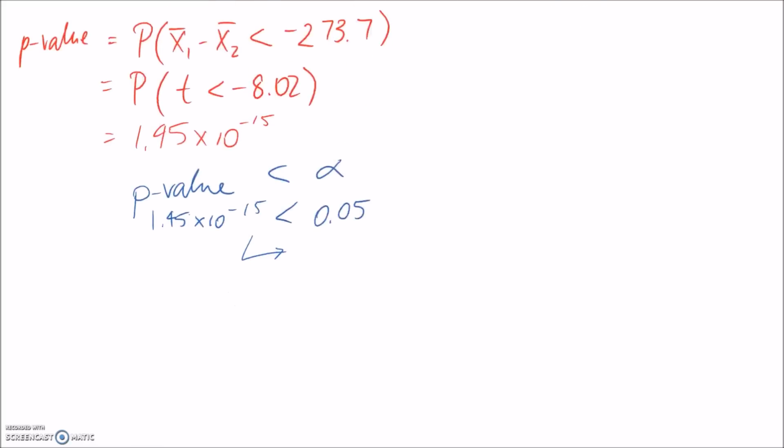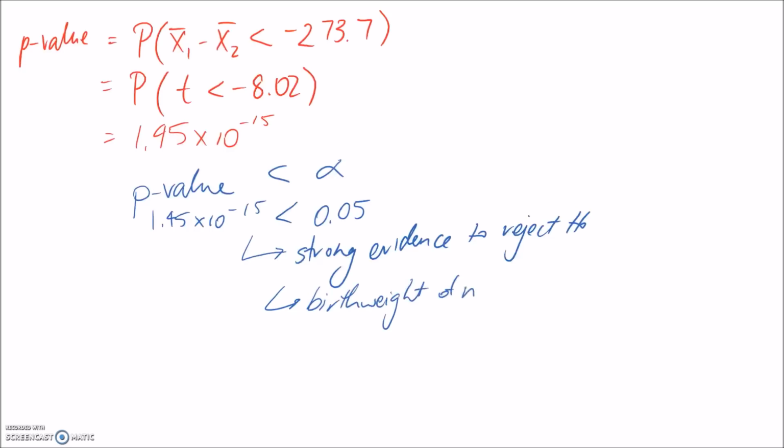So what this is telling us is that we have strong evidence to reject H0, and that means that there is evidence that the birth weight of non-smoking mothers is greater than smoking mothers.